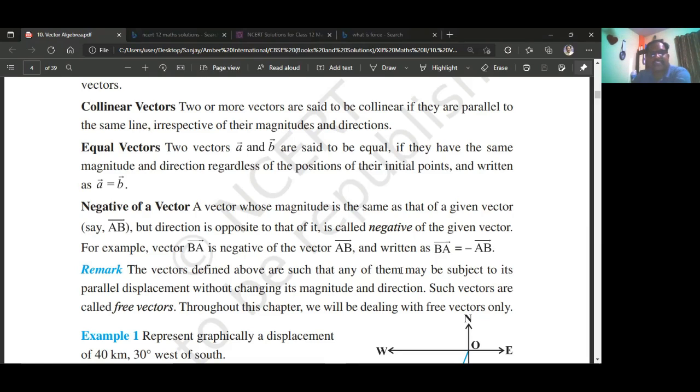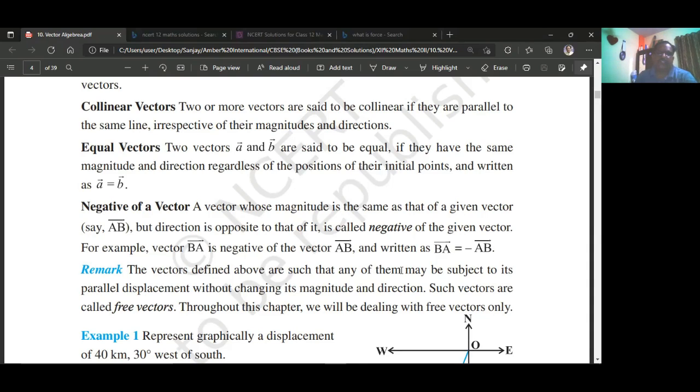So its direction is from B to A, whereas the direction of vector AB bar is from A to B. So A to B and B to A have opposite directions. So we can write the vector BA bar is the opposite or negative of the vector AB bar. Hence AB bar and BA bar are negative vectors of each other, or simply BA bar is the negative of vector AB bar, right?